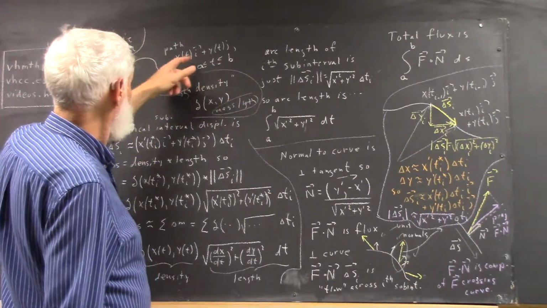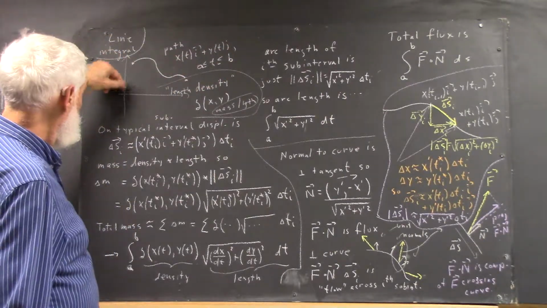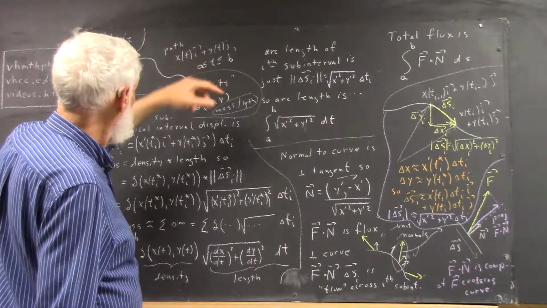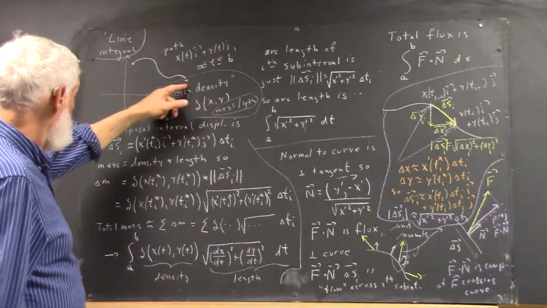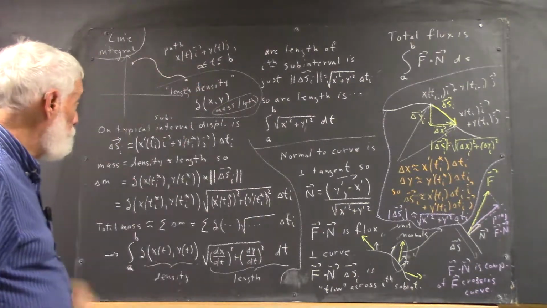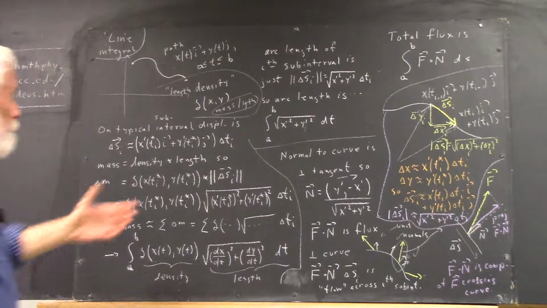In other words, from x of a i plus y of a j, we're going to get the vector to this point, and then plug in b, we're going to get a vector out to this point, and then all points in between. Now what we're going to do is partition.